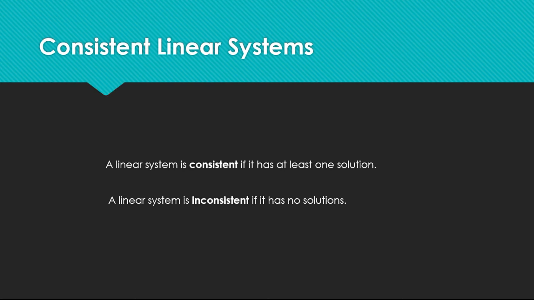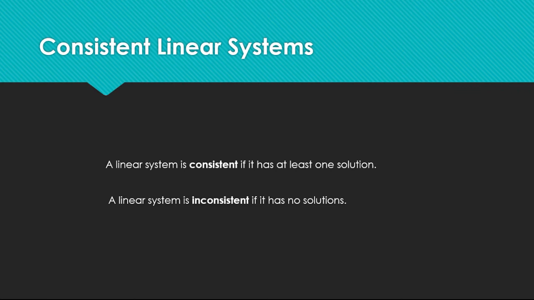Now coming to consistent and inconsistent systems. Those systems which have at least one solution, or infinitely many solutions, we call consistent. And if the system has no solution, then we call it inconsistent. There are three possibilities for the solution of a system of linear equations.